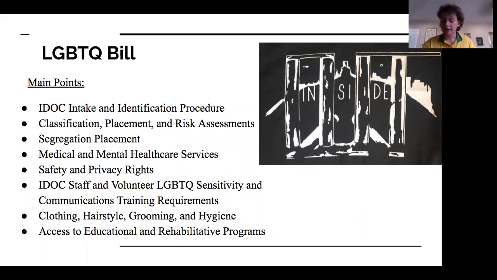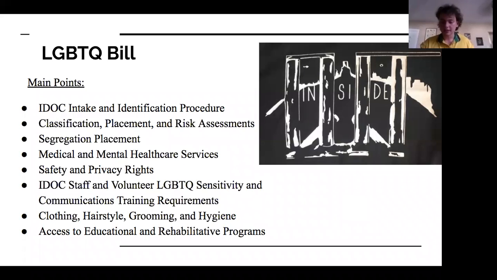Medical and mental health care services refers to addressing the necessary medical care, which includes medication, mental health care, and potential surgeries required for transgender incarcerated people. Safety and privacy rights for transgender incarcerated people refers to informing IDOC staff on how to protect LGBTQ people in regards to their privacy and personal space, which include showering, housing, pat-downs, and strip searches.